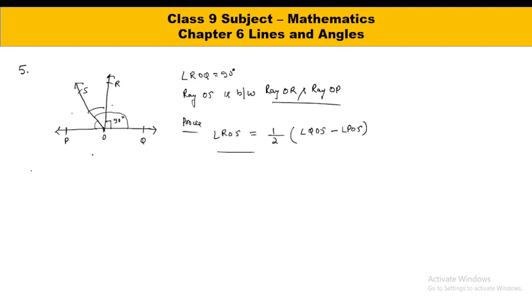Now we will solve this one. Here we will see that it is given that POQ is a straight line. So angle POS plus angle ROS plus angle ROQ is equal to 180 degrees.